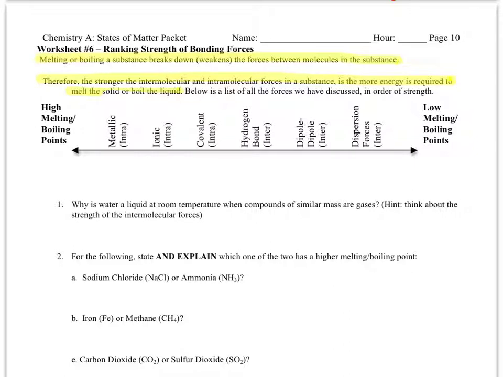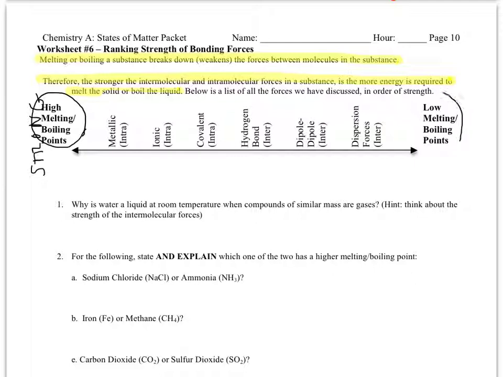So we have this sort of chart here, and over on one side we have the highest melting and boiling points, so those would be the strongest forces. Okay, I'm going to write as well as I can on this worksheet. It's really hard to do though.